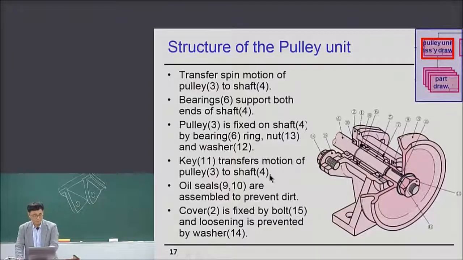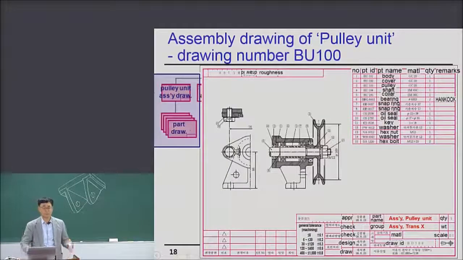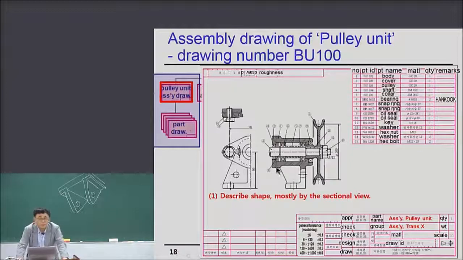Now, this is the assembly drawing of the pulley unit. The first step of making an assembly drawing is to describe the shape, and it is done mostly by the sectional view. The front view is all sectional view.